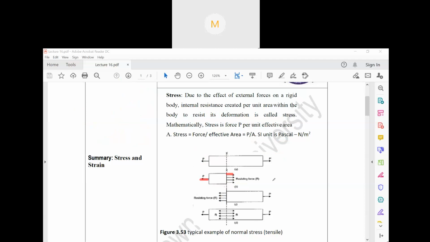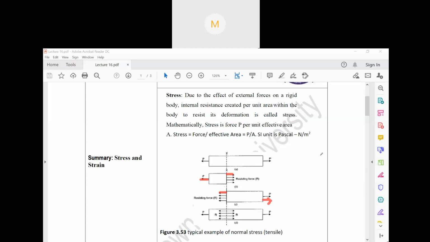In the other section, there will be a pull from this side for the force that is being pulled from here. So these two are the resisting forces that are being applied.